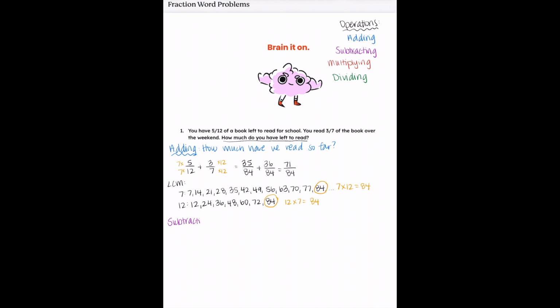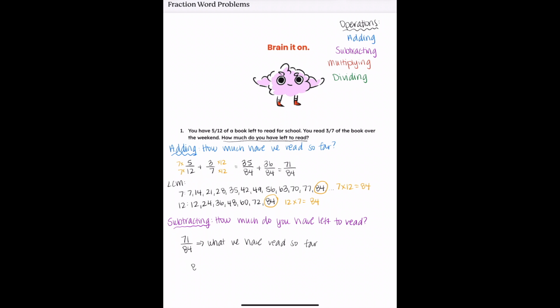Now we have to subtract what we have read so far from the complete book. When we subtract, we're going to be answering the question of how much you have left to read. We have found the 71 over 84, which represents what we have read so far. Now I'm going to want to subtract this from the whole book.